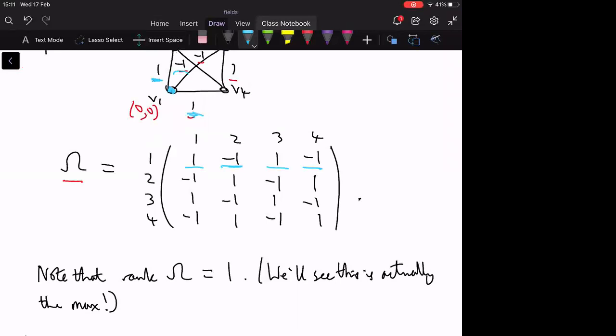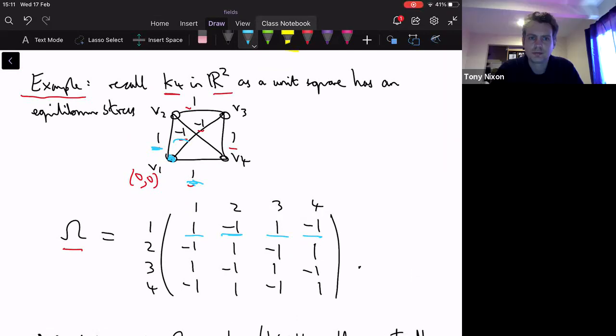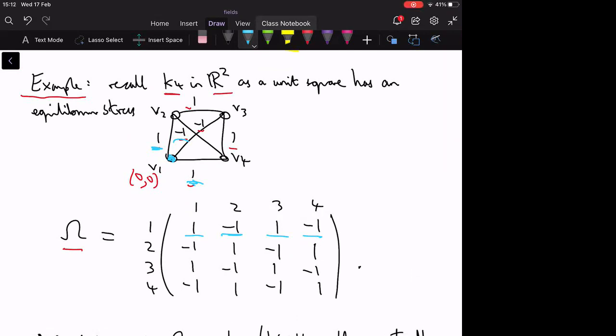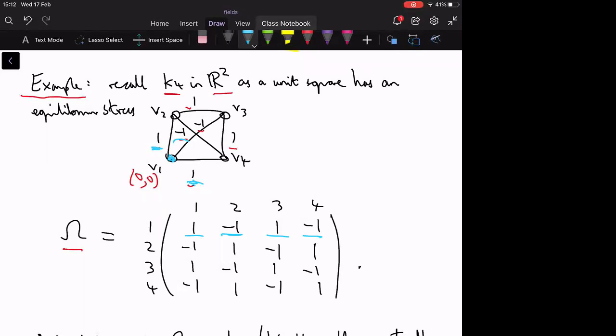Can I ask another question? Yeah, Tony? From Sean's lecture, we know that this is one equilibrium stress, but can we also say that there is no equilibrium stress that will have zeros on the diagonal of omega? For which graph, or in general? For this graph and this placement that you've drawn, because none of them are affinely dependent. Is that right?